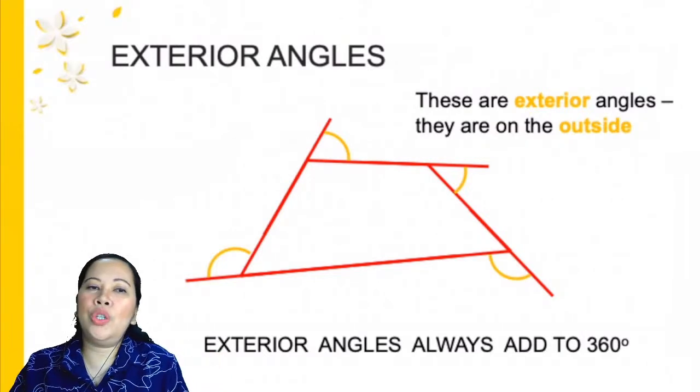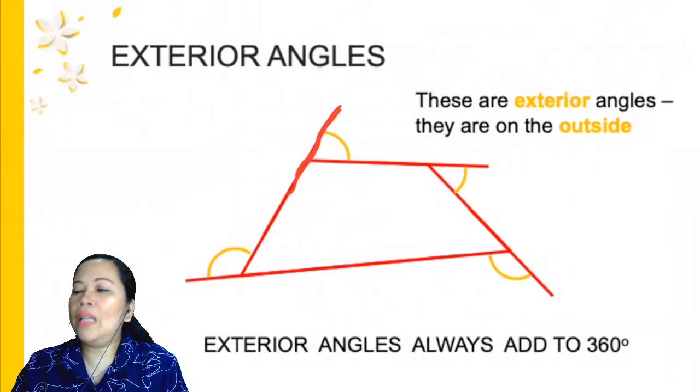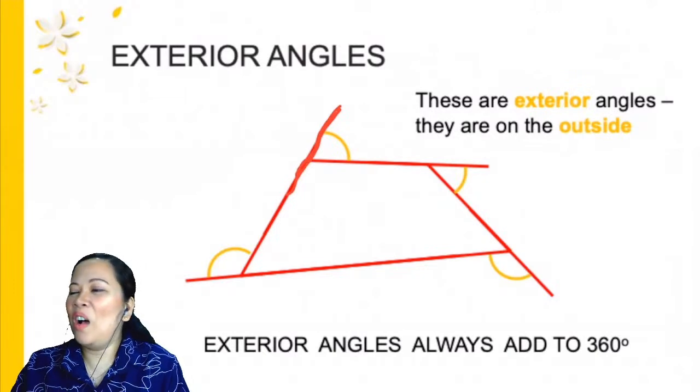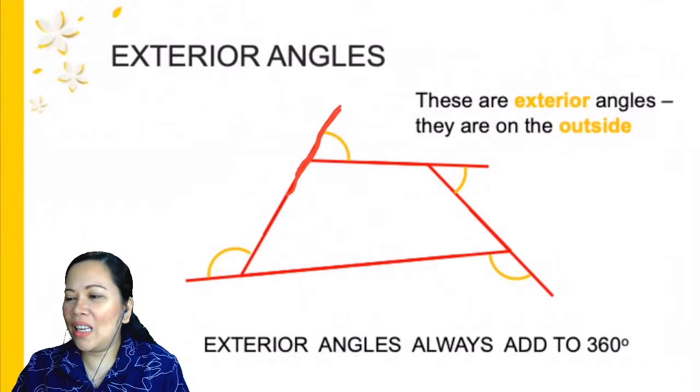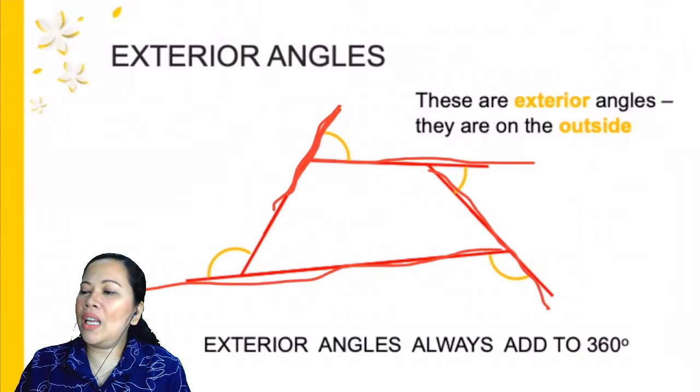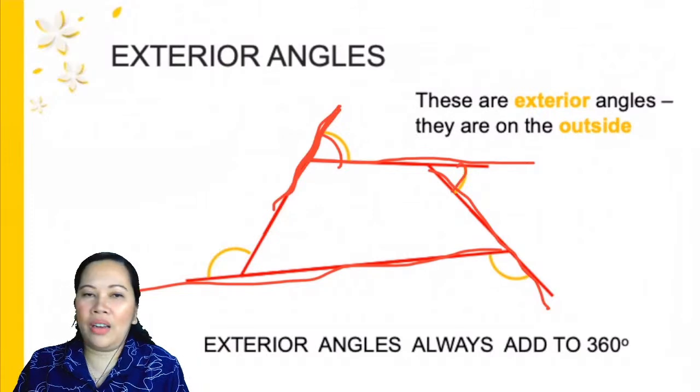And how would you know an exterior angle? The exterior angle is an extended segment of each vertex, and it will all be in one direction. Extended, extended, extended. So everything outside is your exterior.